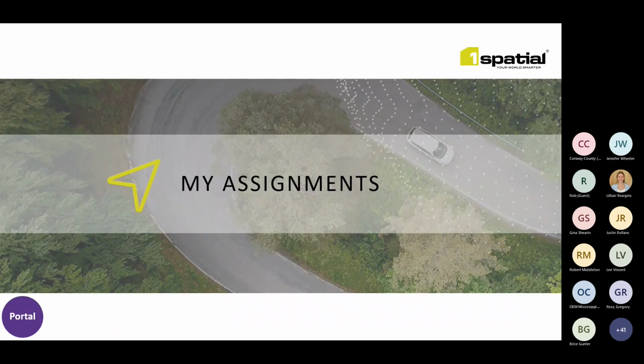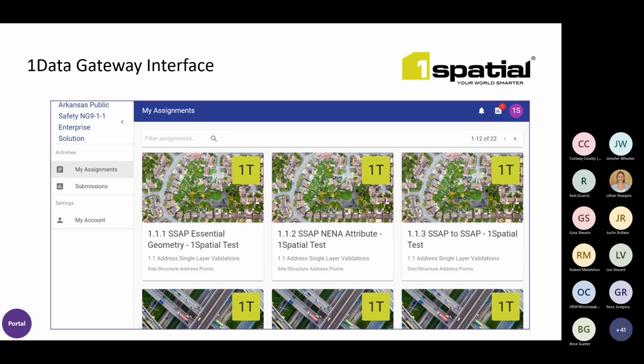So the main part of our interface is My Assignments. Within My Assignments, you'll see an assignment card representing each validation that you can submit data against. Within the Arkansas Public Safety Enterprise Solution, we have SSAP, which is the Site Structure Address Points.